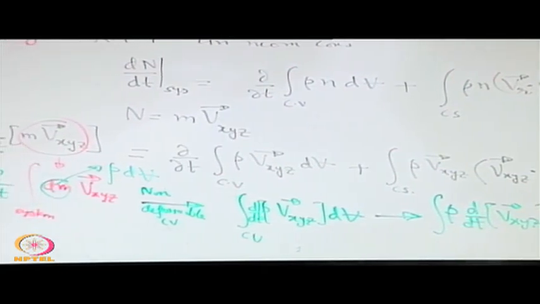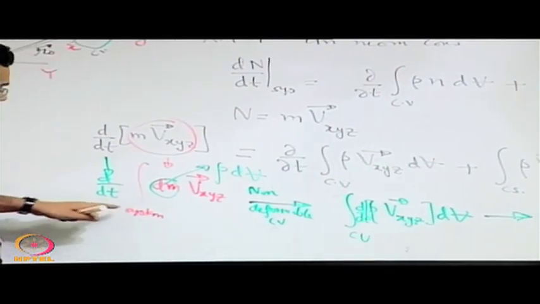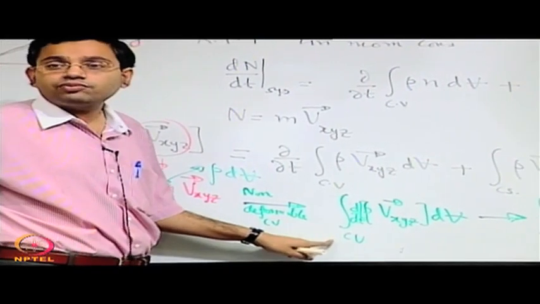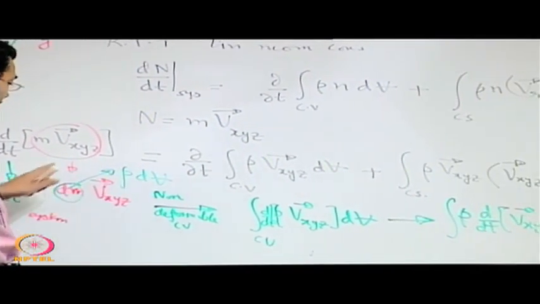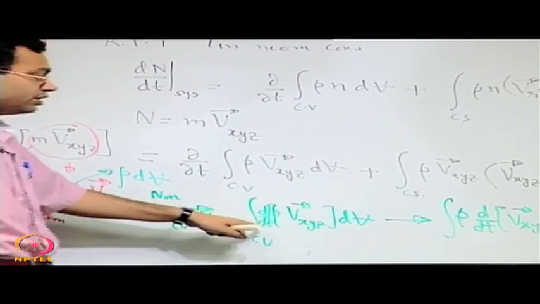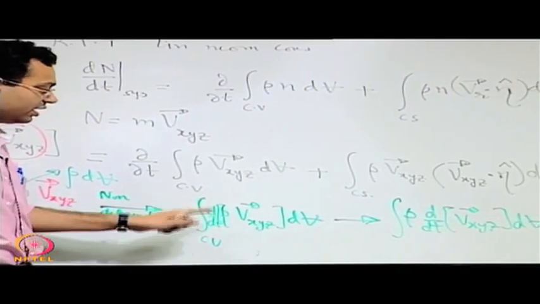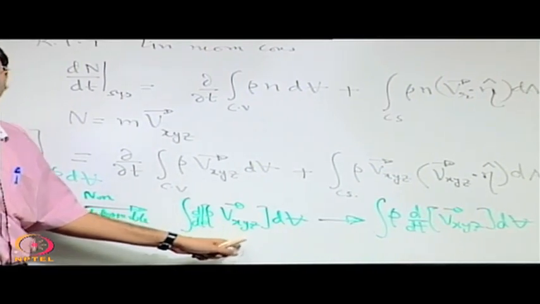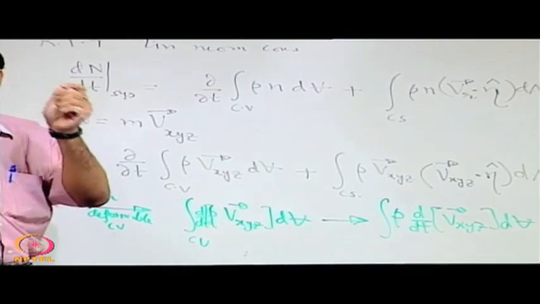The other thing is that, see, magically we were as if we transformed it from the system to the control volume. That we will not do immediately, but we should keep in mind that when we are writing it in a limiting sense, that is we are dividing it by delta t, and in the limit as delta t tends to 0, system tends to control volume.